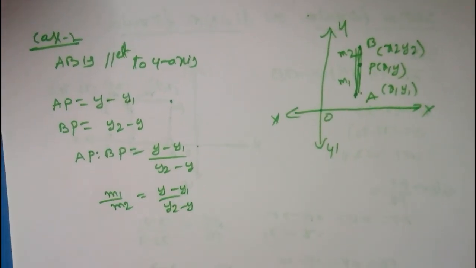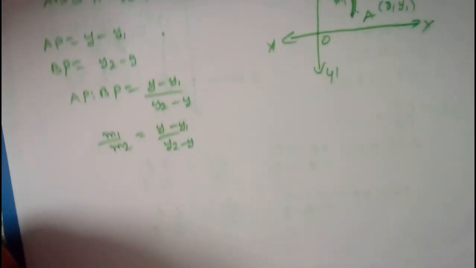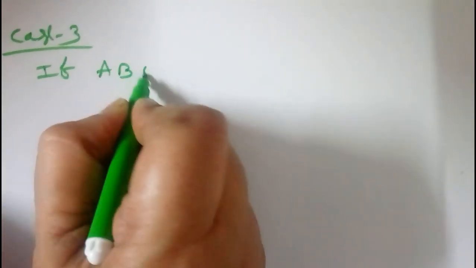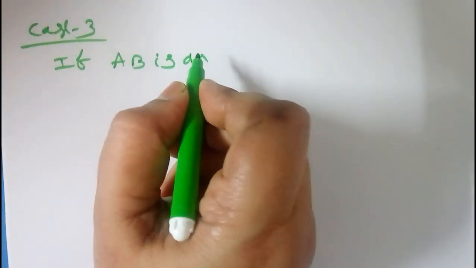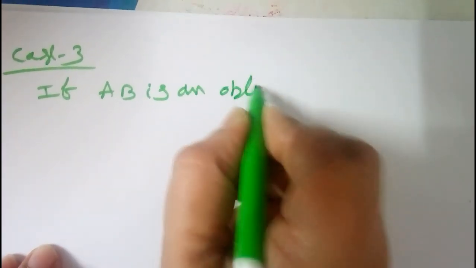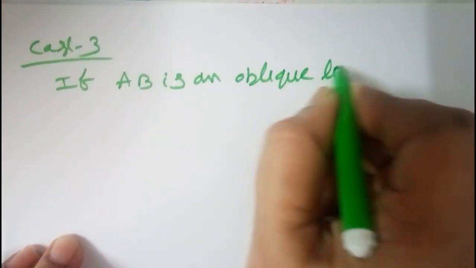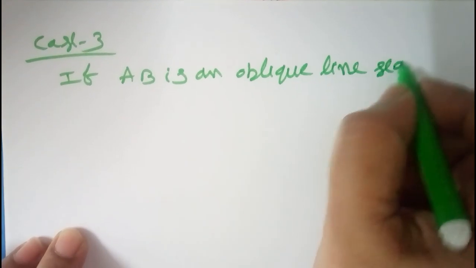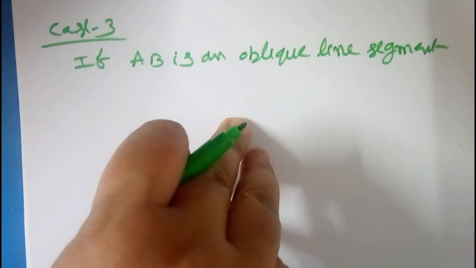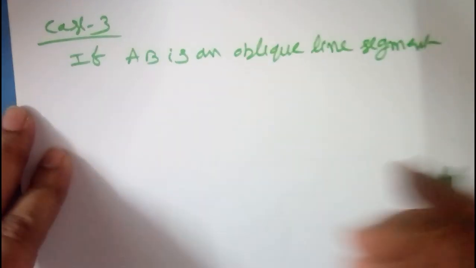Now the third case, case 3: if AB is an oblique line segment, that means AB is neither parallel to the x-axis nor parallel to the y-axis.